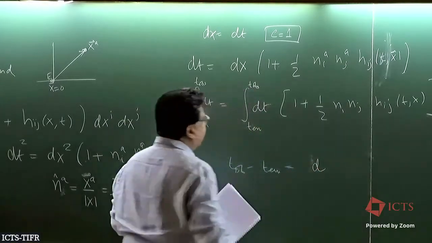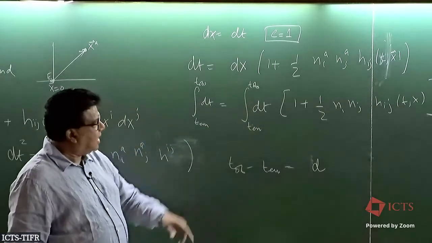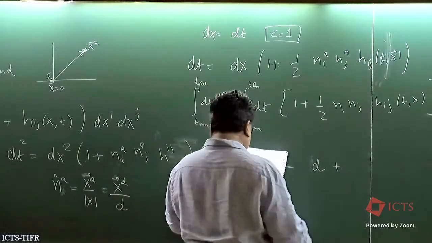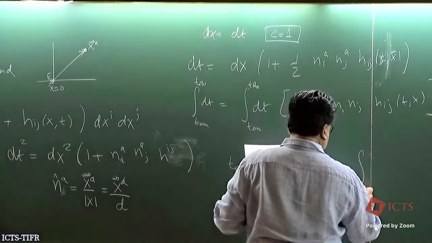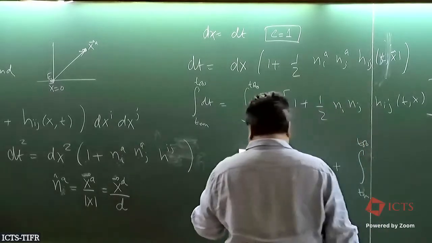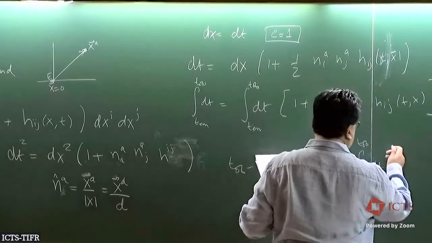I'll keep that as the distance. The first term I keep at x, second time I'll write as t. So plus dt.